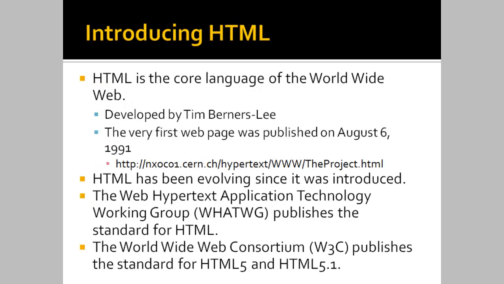So what is HTML? Well, HTML is the language of the internet. It was developed long ago by a gentleman named Tim Berners-Lee, actually a physicist, who wrote the very first web page in 1991, and it was put online and is still available online at the address that's provided.